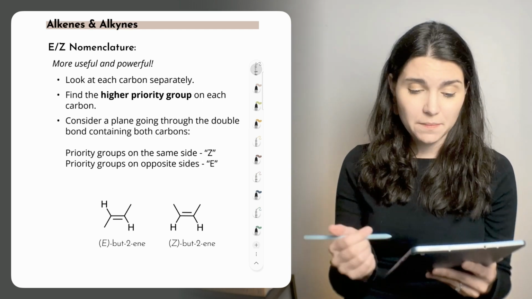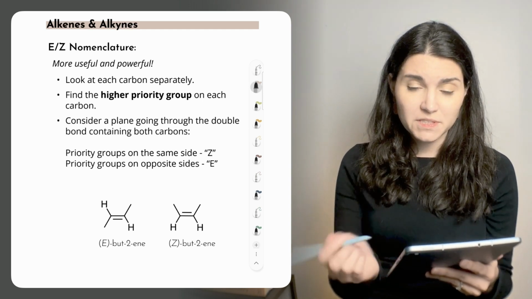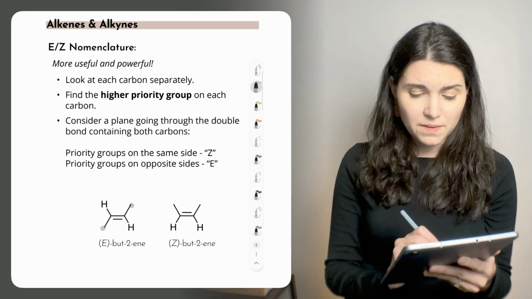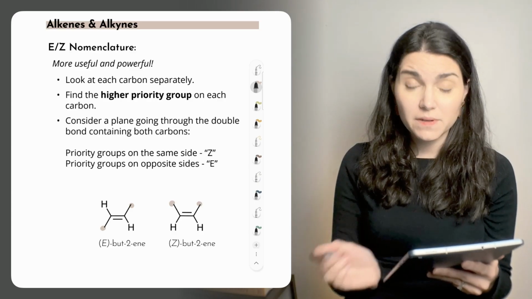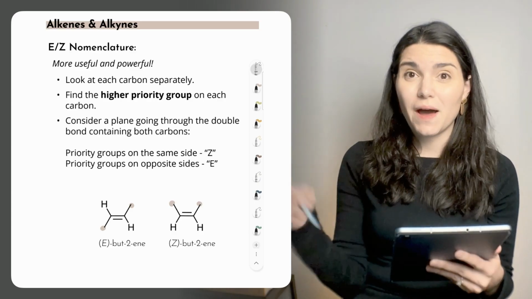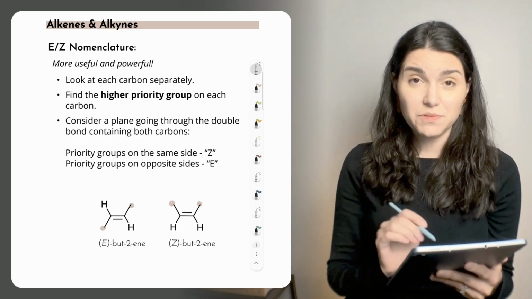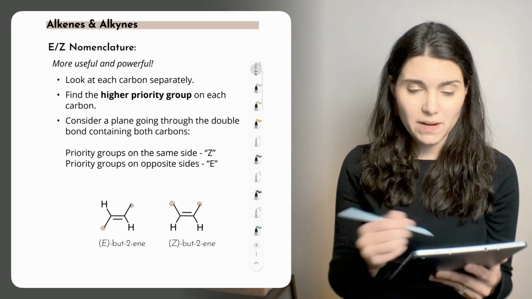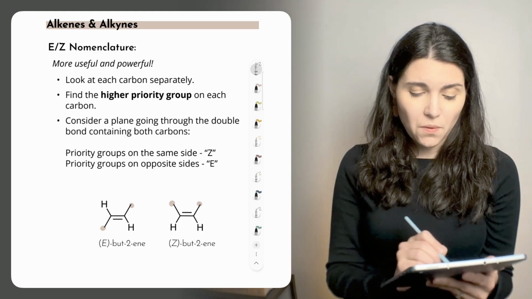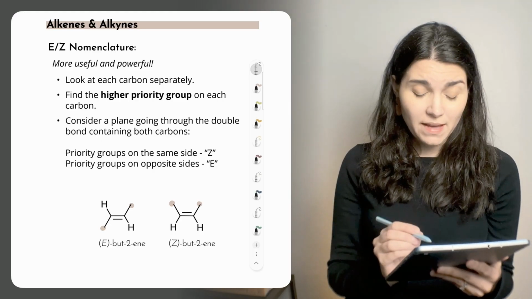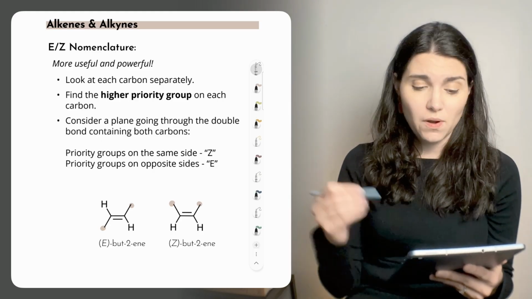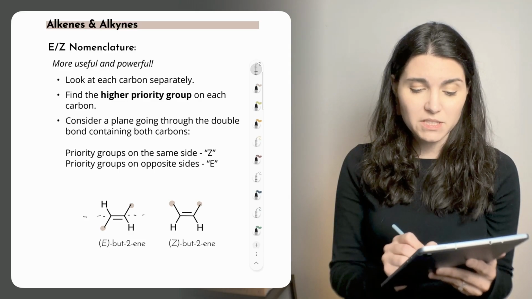So in our examples below, I'm going to just tell you that the carbons on the CH3 groups are the high priority groups. I will tell you how to determine priority in the next slide, but for now, we'll just say that those CH3 groups are the high priority groups around the double bond. So in this example on the left, the high priority groups are on opposite sides of that imaginary plane.